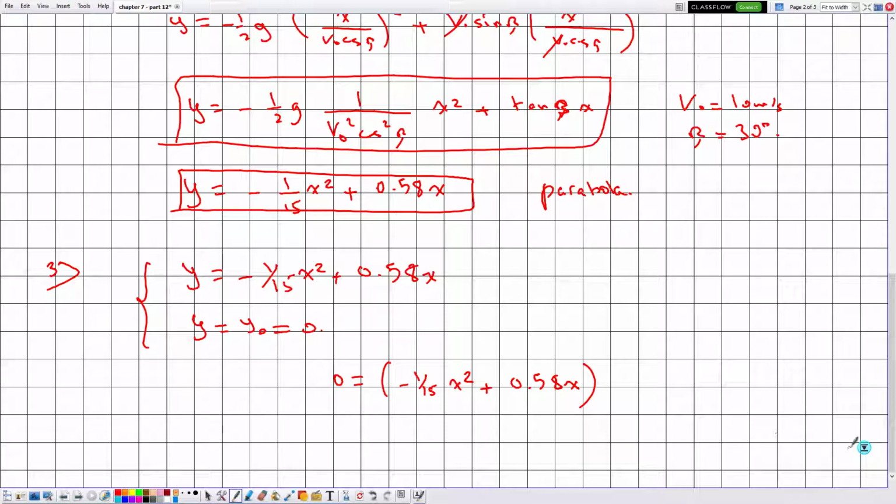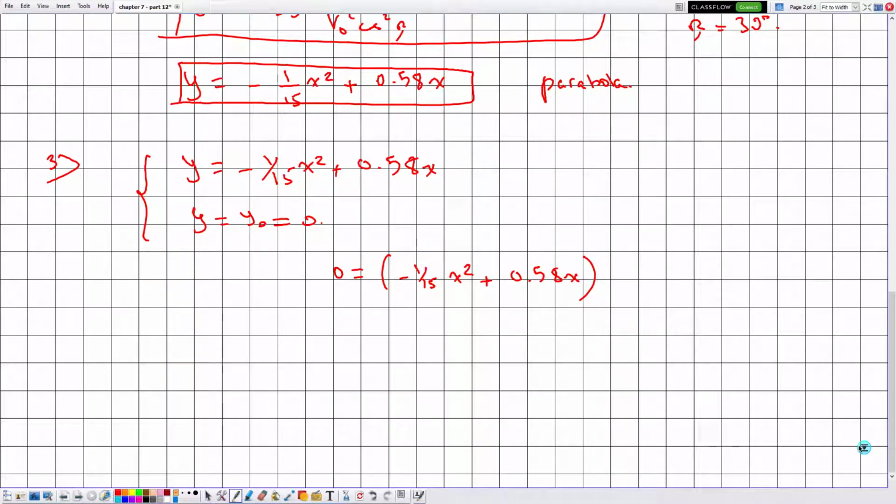Now how do we solve this equation? This is a quadratic equation in x. Either we can solve for the discriminant delta, or we can solve it by factorization. So taking x as a common factor, we have x times (minus 1 over 15 x plus 0.58).